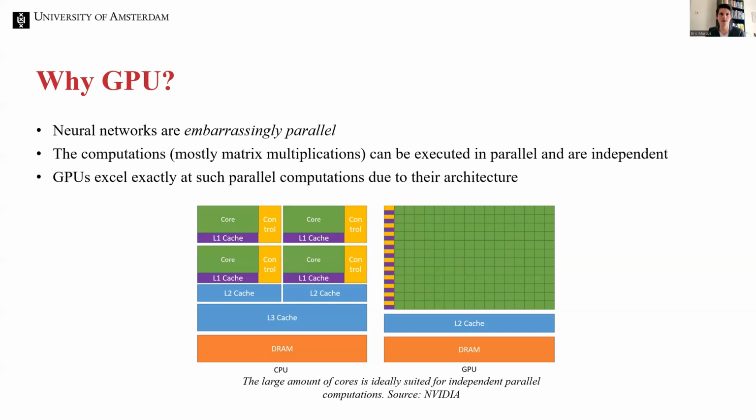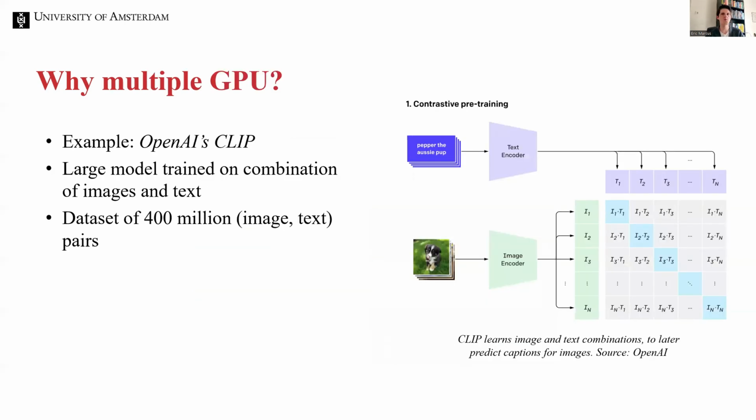So now, of course, you may be wondering, okay, so what about multiple GPUs? Whenever would I need this? I thought I could give you a couple of examples. The first one I want to discuss is OpenAI's CLIP model, and this is a very large model that is trained on a combination of text and images, with the eventual goal of making a caption for an image.